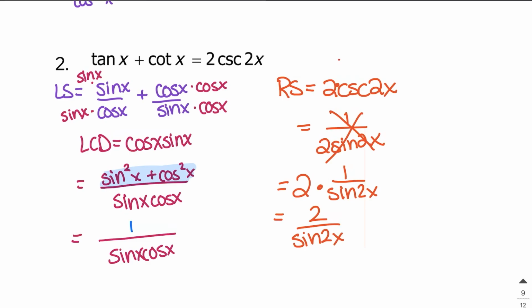So this 2 stays on top, stays in the numerator, because the only thing that needs to be reciprocated is just this piece right here.